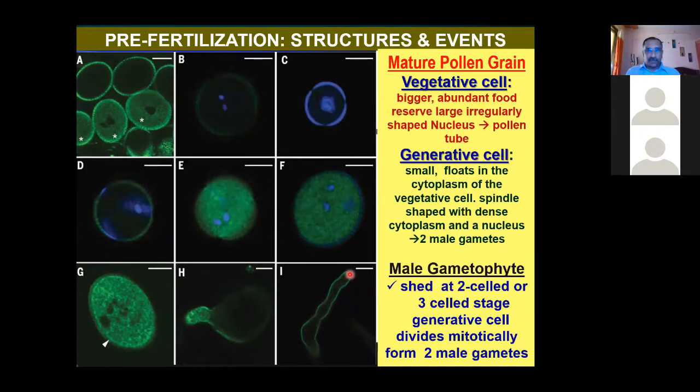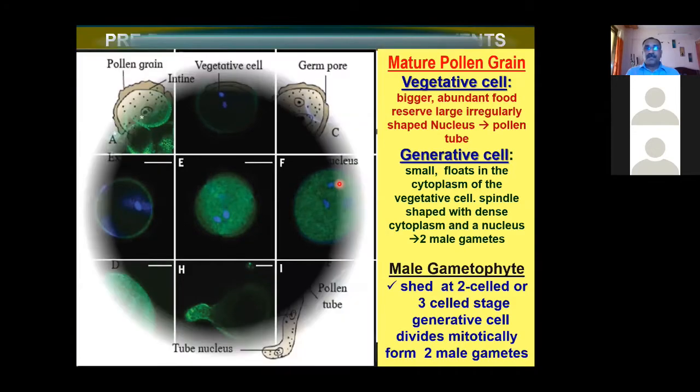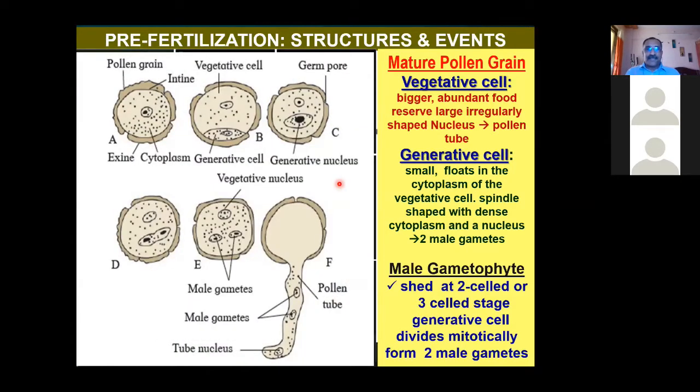This pollen tube, along with the cytoplasm of the vegetative cell, the vegetative nucleus and the generative nucleus, either in two-celled stage or three-celled stage, is collectively known as male gametophyte. Now you see a male gametophyte picture over here.